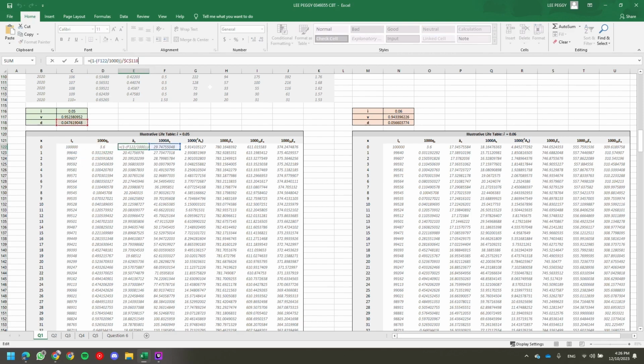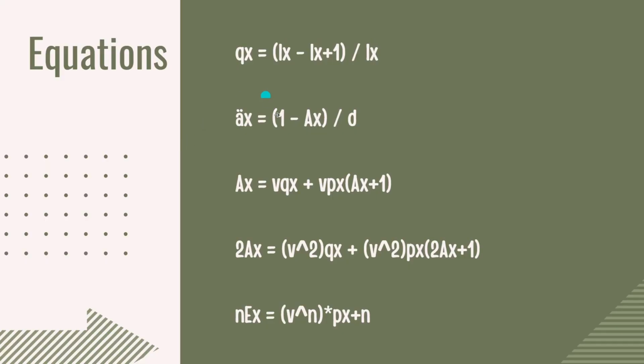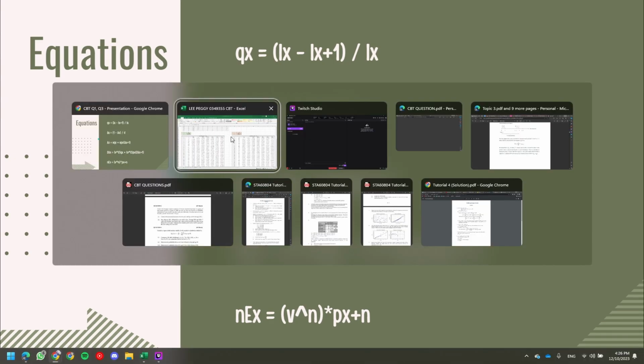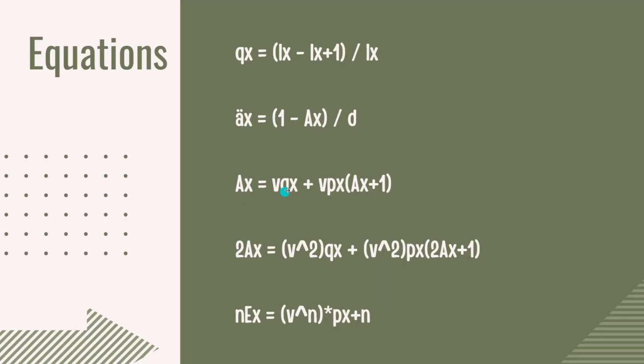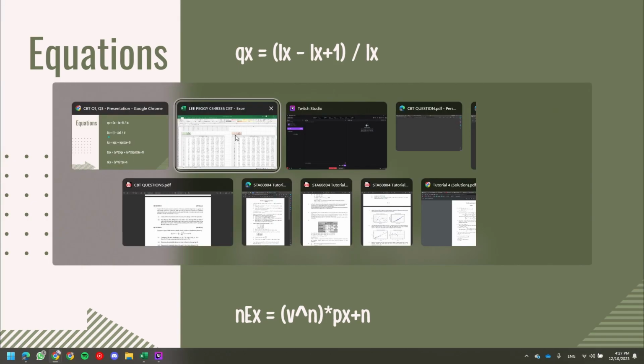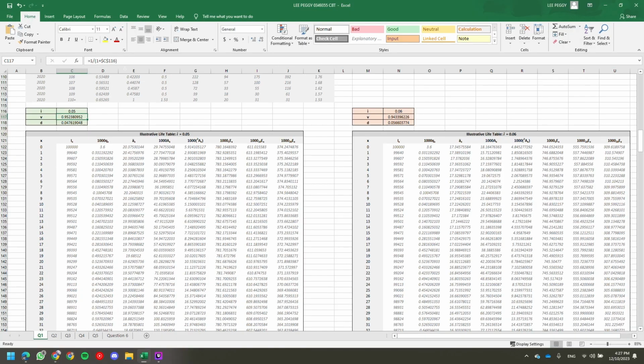So for A double dot x, the formula is 1 minus capital Ax divided by d. We don't have this yet, so we will go on to capital Ax first. For capital Ax, we will use this formula, which is v times qx plus v times px times Ax plus 1. v, we have calculated, which is 1 over 1 plus i.